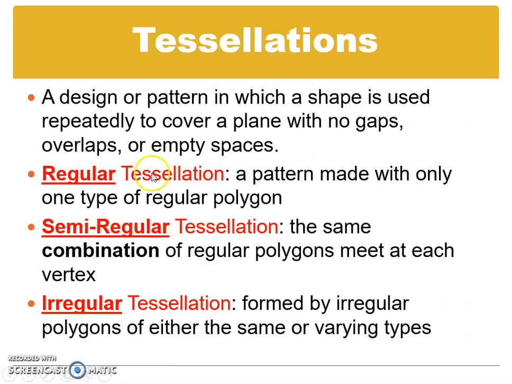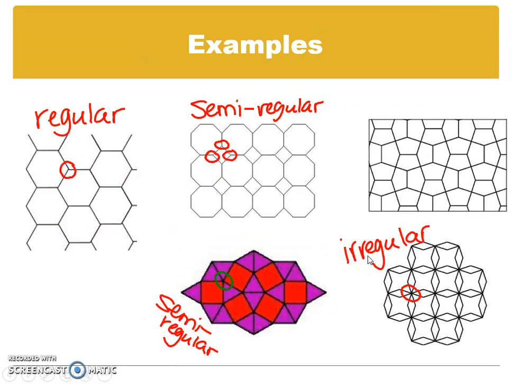So it's semi-regular: the same combination of regular polygons meet at each vertex. If you look at this vertex, they meet at each vertex. That's why I circled here and here. Those are vertices. This is a square, which is a regular polygon, and an octagon, a regular polygon. They meet each other like this at their vertex. This is a semi-regular tessellation.